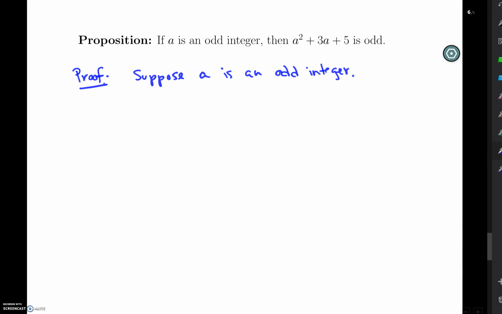Now, the definition of odd tells us that a can be written as 2k plus 1 for some integer k.